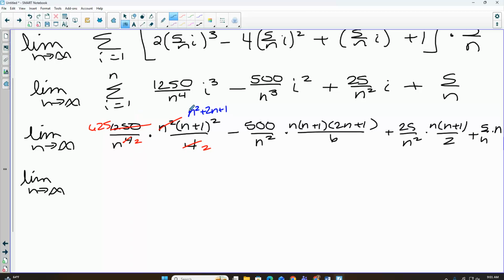So this would be 625n squared over 2n squared, so 625 over 2, plus 1250n over 2n squared, so 625 over n, plus 625 over 2n squared, so that's the first piece.